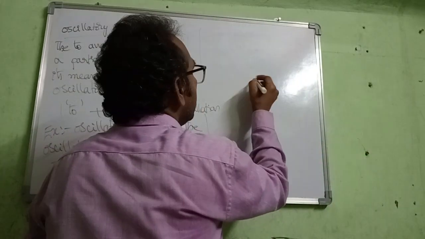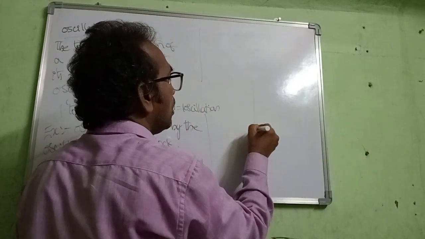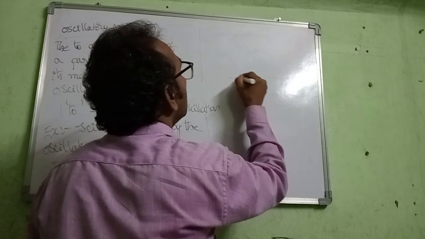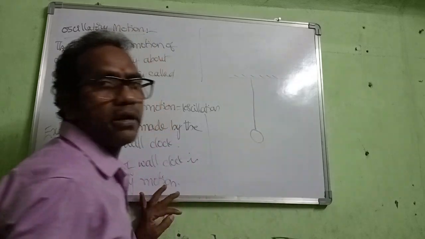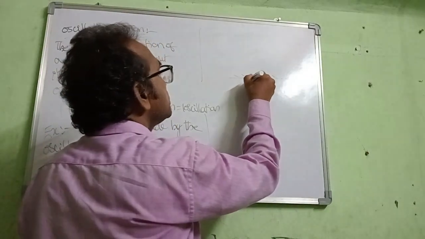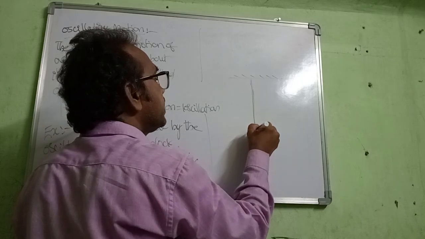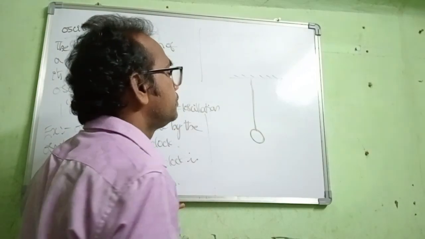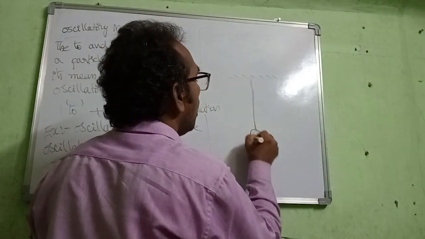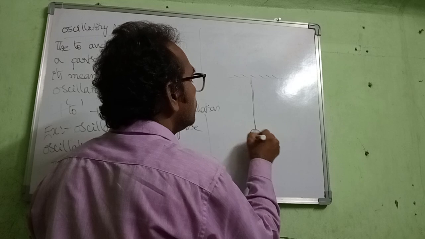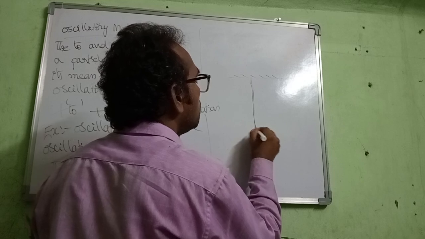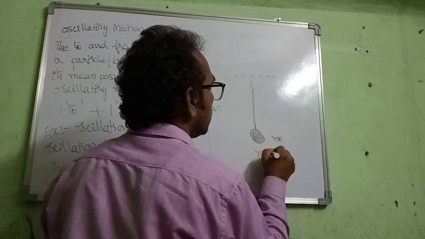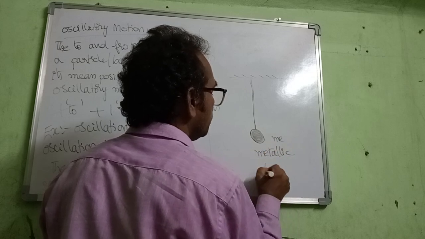Now see here, this is called simple harmonic oscillator. This is a weightless string. This is called bob, metallic bob.